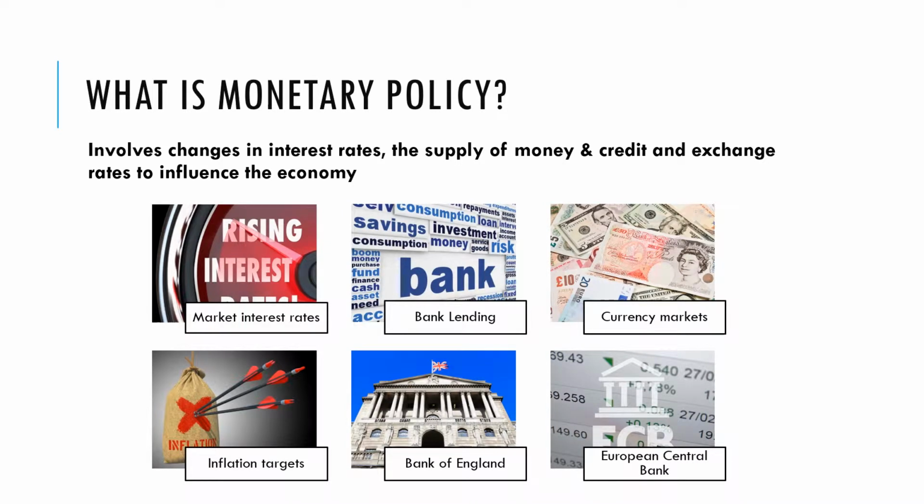So we're talking about these kind of things. The central bank within the economy has within its power the ability to change interest rates, change currency values, and the amount of money in the economy, and as a result, influence the objectives, the level of economic activity or the economic performance of the economy.